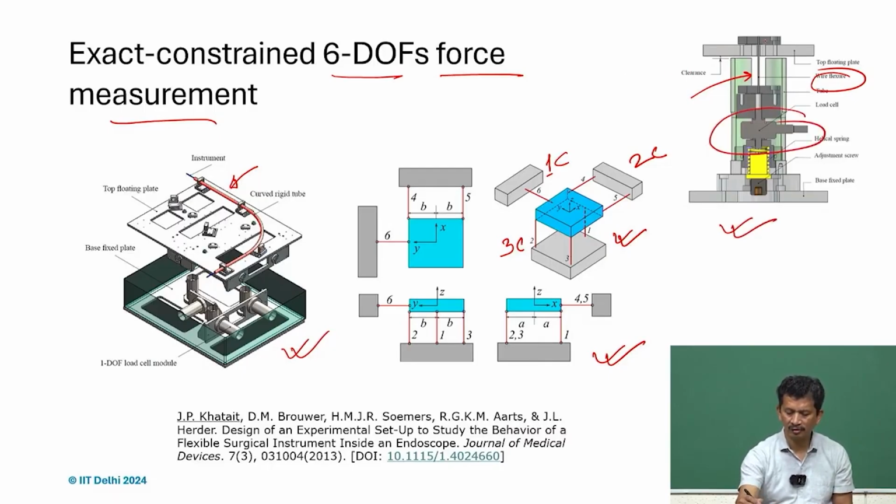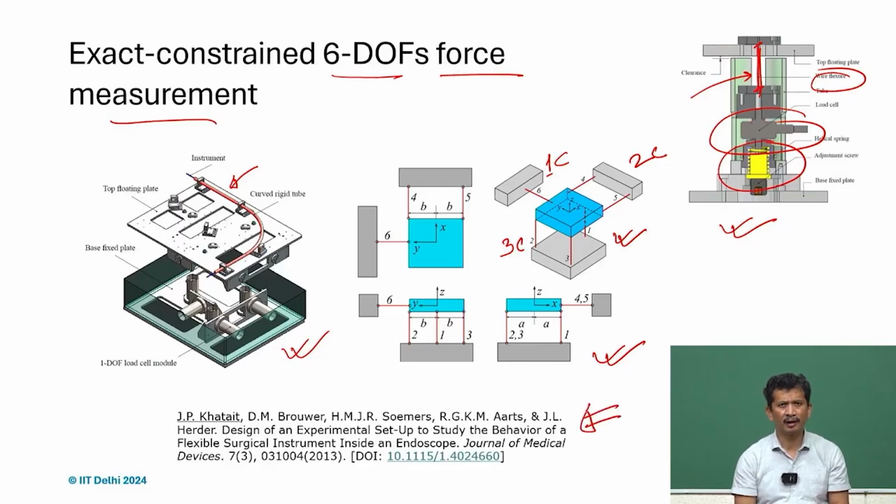This is mainly the member which provides the one DOF constraint, one constraint, and this is some mechanism to protect and preload it. So, you can always refer to this article and you will understand more about this.